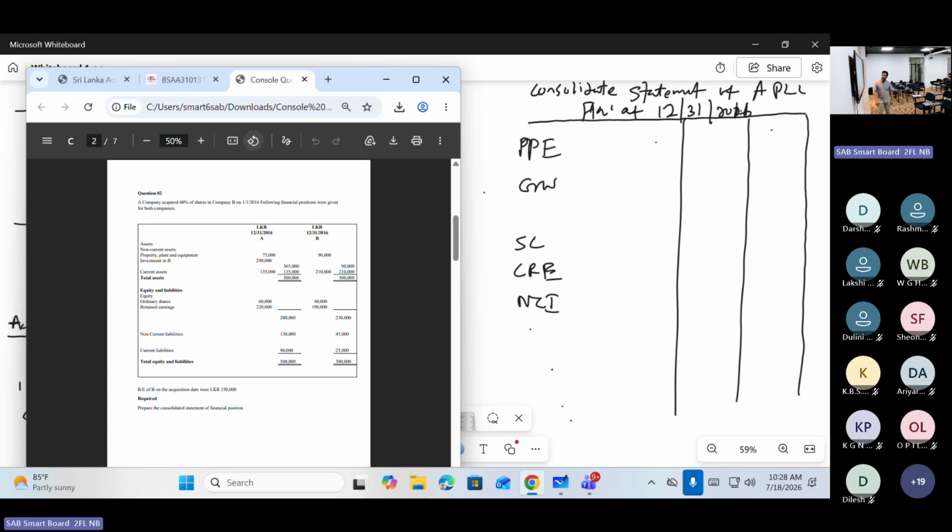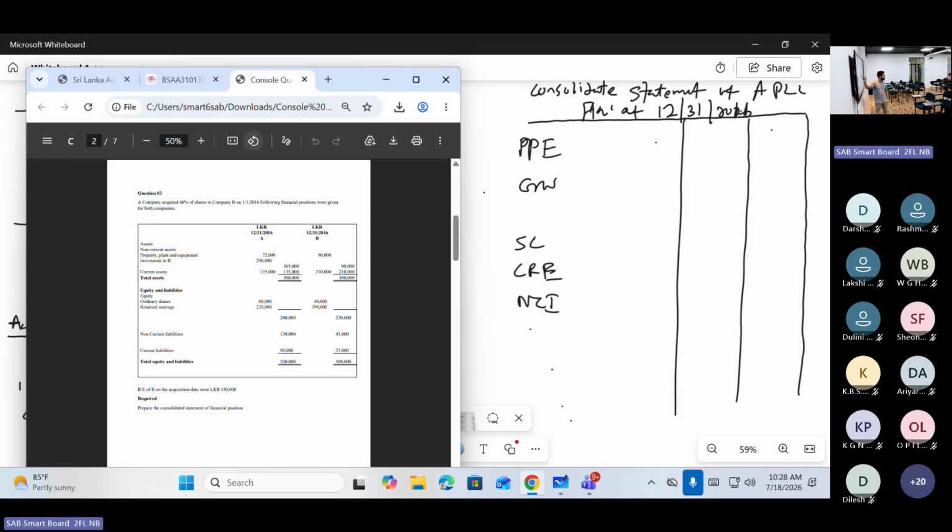What is the investment? Investment in B, how much? 290. Who has invested? A has invested.